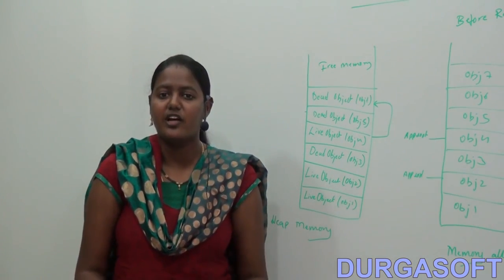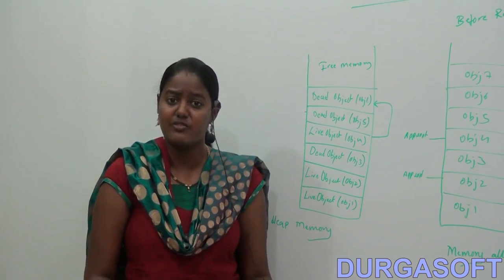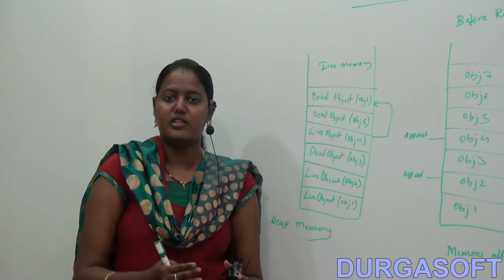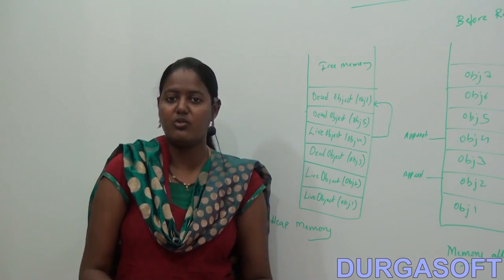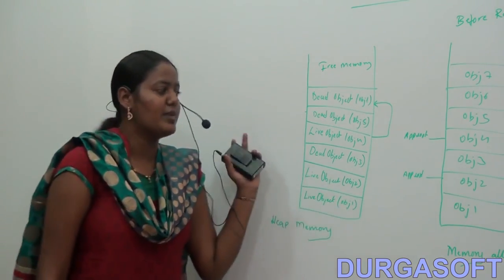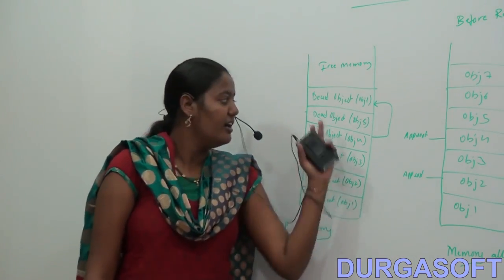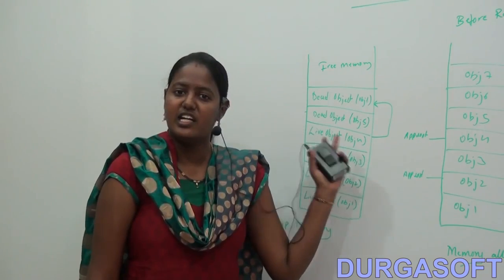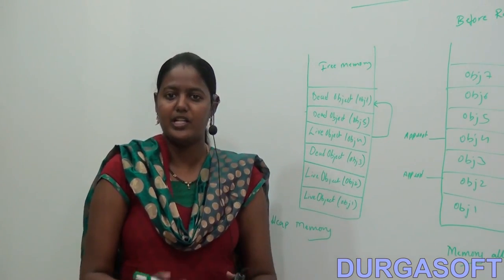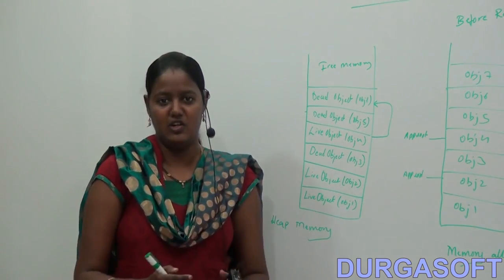If there is not sufficient space for the newly created object, then the garbage collector will clear the dead objects and provide the memory for the new object.